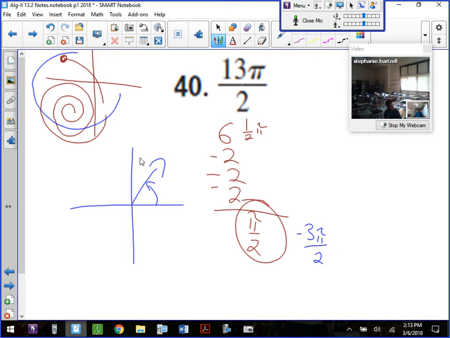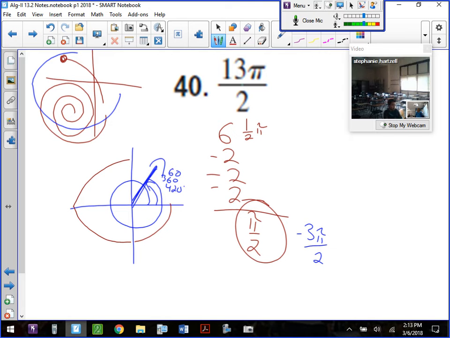if I know that I'm moving up here, we'll just say that this is 60 degrees. And in order for me to get back to here, I have to go all the way around. That's 360, and then add 60. So if I add 360 to that, now I'm at 420 degrees. Now if I go the other way, that's 180.